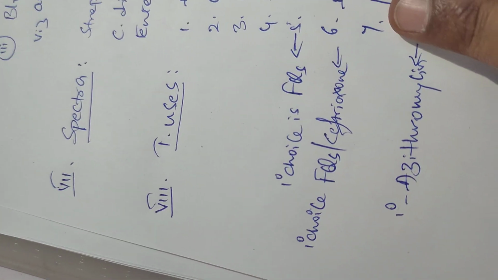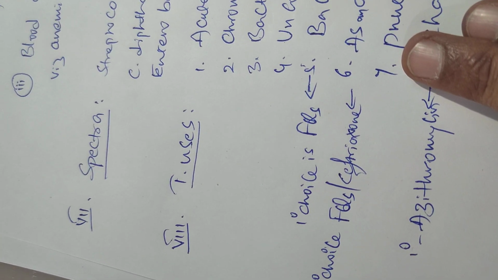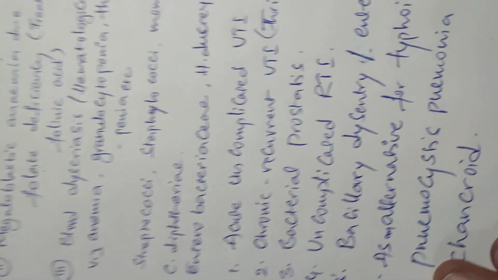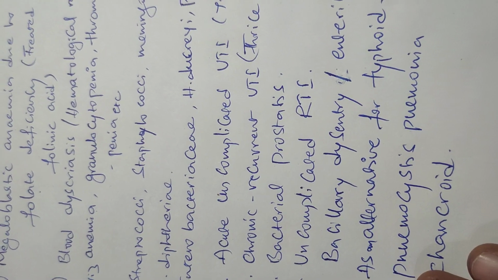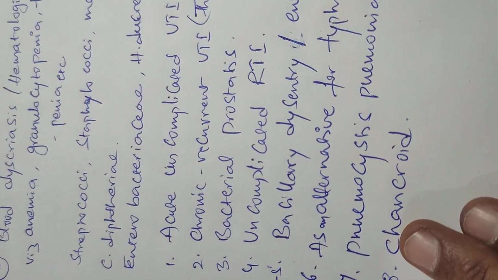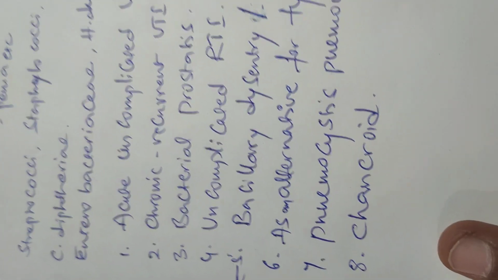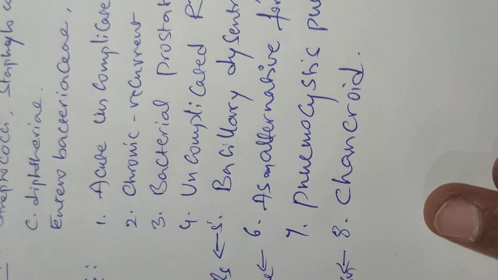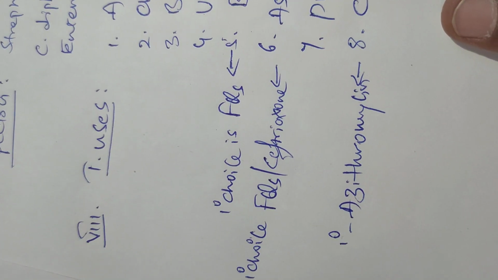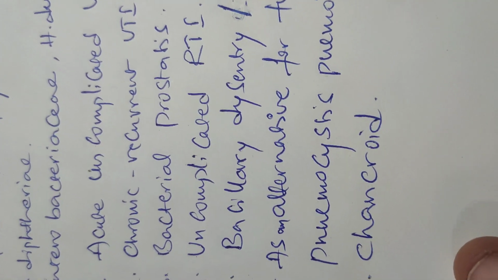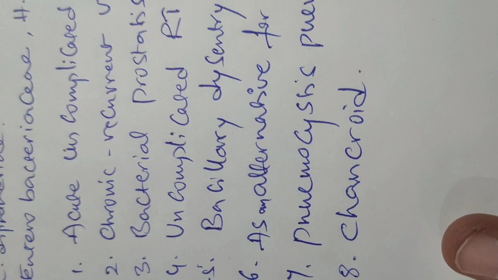You know very well that fluoroquinolones or ceftriaxone, a third generation cephalosporin, are preferred, but this can also be used as an alternative. It is also used for pneumocystis pneumonia, and lastly for chancroid. Of course, for chancroid also it is not the preferred drug. Azithromycin is the first choice, but this can be used as an alternative.